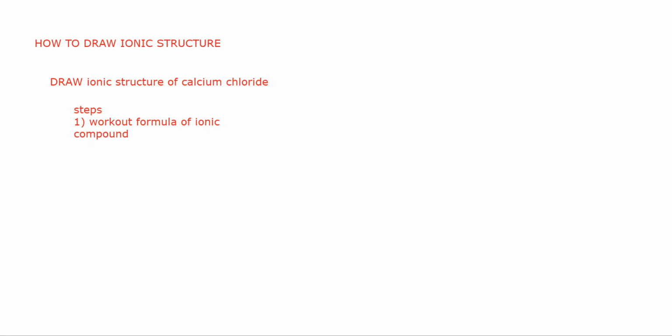In this example, if you want to draw the structure of calcium chloride, calcium symbol is Ca, chloride symbol is Cl. Calcium belongs to group 2, so it's +2. Chlorine belongs to group 7, it is -1.